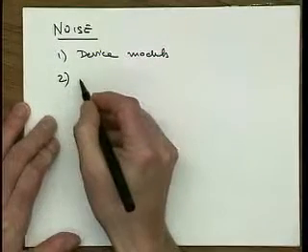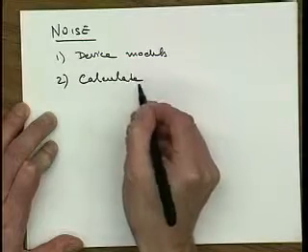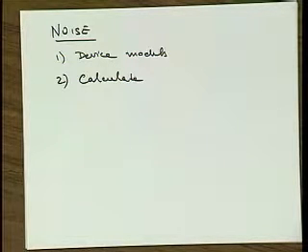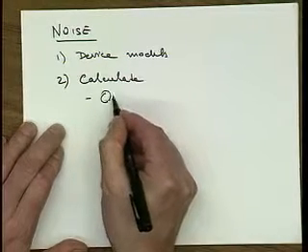Then we looked into how to calculate it. And once we know what the noise sources are, well, big deal. We want to know how this affects whatever it is we're trying to build. And the first thing there was output noise.